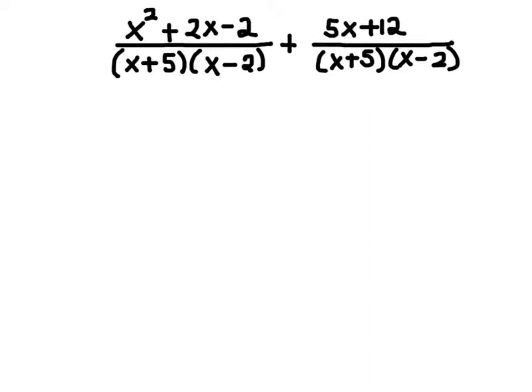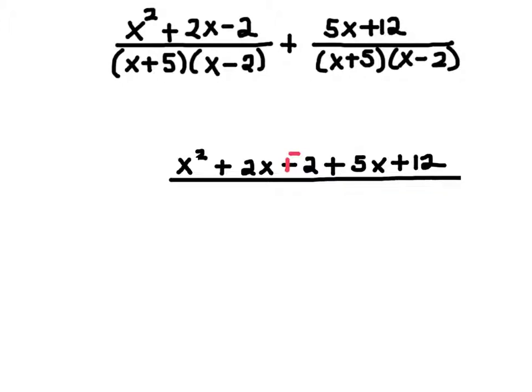We can immediately combine them into one fraction where we have x squared plus 2x minus 2, and that's really plus a negative 2, plus 5x plus 12, and then in the denominator we have the factors x plus 5 multiplied by x minus 2.